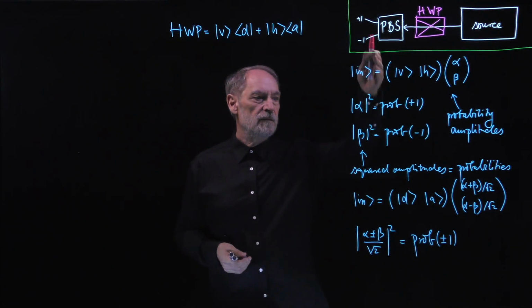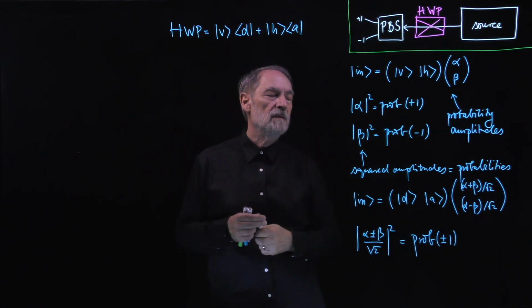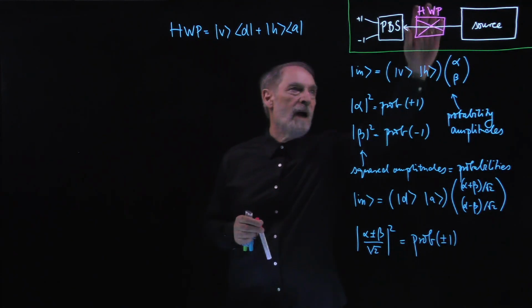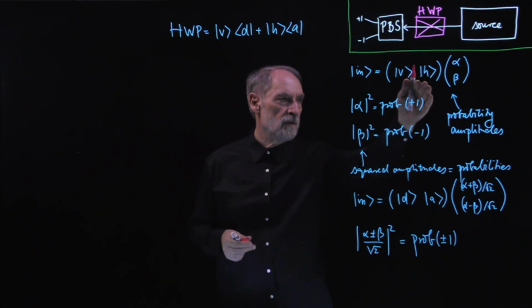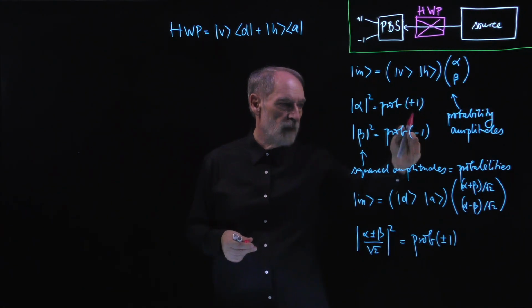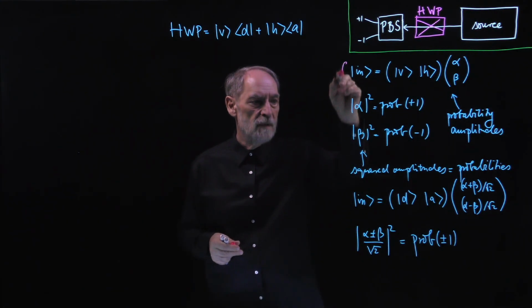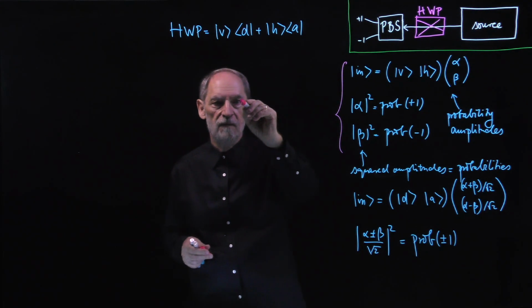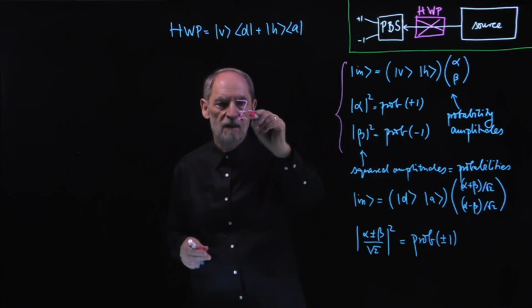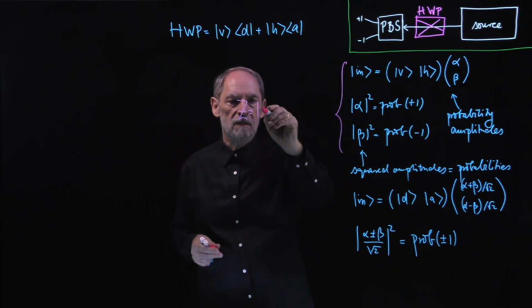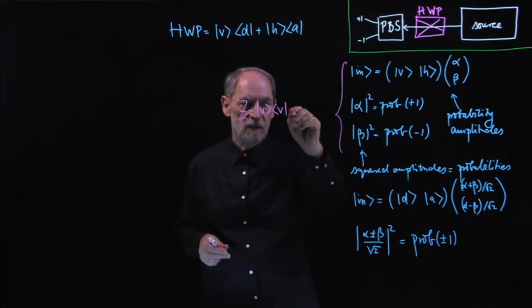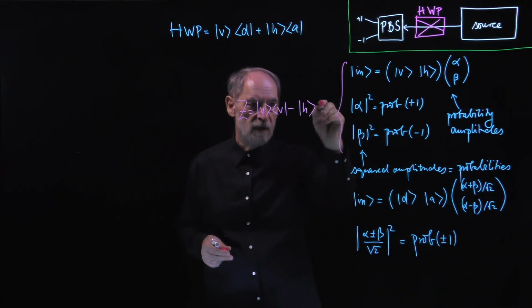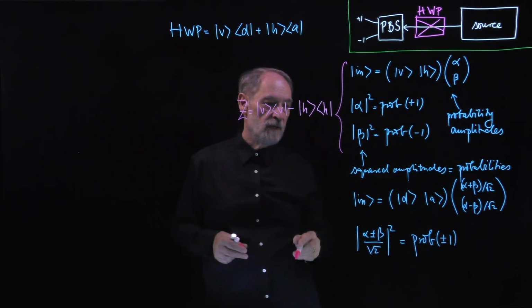Okay, so we now have two ways of probing the polarization of the incoming photon. Without the half-wave plate, we look for vertical and horizontal polarization. We get +1 and -1 as the outcomes, and these +1 and -1 refer to the eigenvalues of what we call Z, which is the ket bra for vertical polarization, and from that we subtract the ket bra for horizontal polarization.